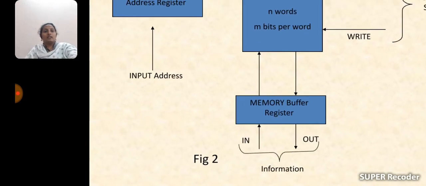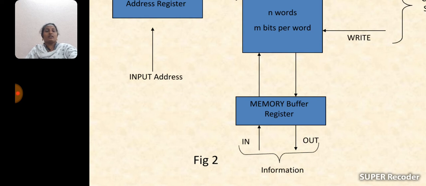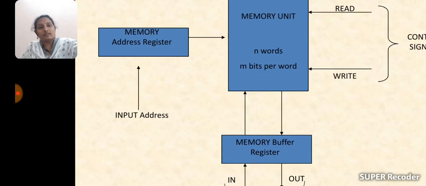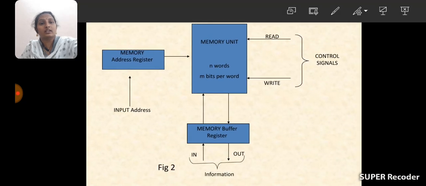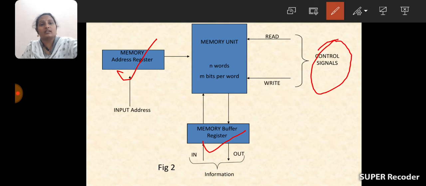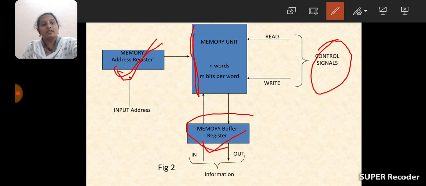The memory buffer register is also there. This register is used to enter the data. So the total memory consists of 3 blocks: one is the address register, one is the buffer register, and the other is the memory unit. The address register is used to enter the address of the location in the memory to which or from which the data is accessed, and the buffer register is used to enter the data into the memory.